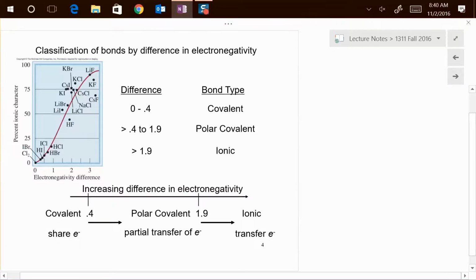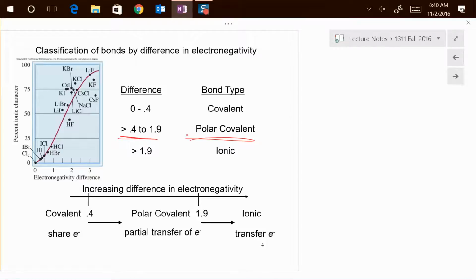Here you can see that if the difference of electronegativity is between 0 and 0.4, you will be a covalent compound. When I say covalent, I mean purely covalent, nonpolar. But if it's between 0.4 and 1.9, now I'm creating a polar covalent bond.